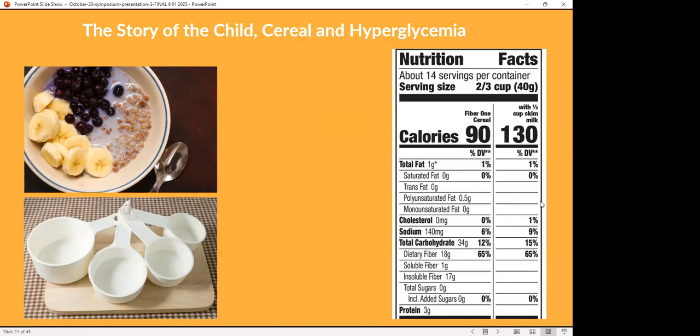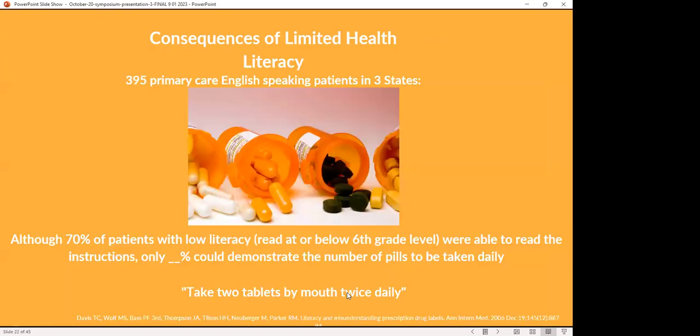So then what do we do? So these are the consequences of limited health literacy, and then I will show you what we need to do.